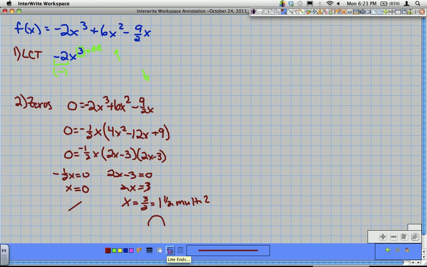So let's take a look at this one and see what our picture, or at least our sketch, is going to look like. Again, we're not to the point where we're getting real picky on being perfect with it.